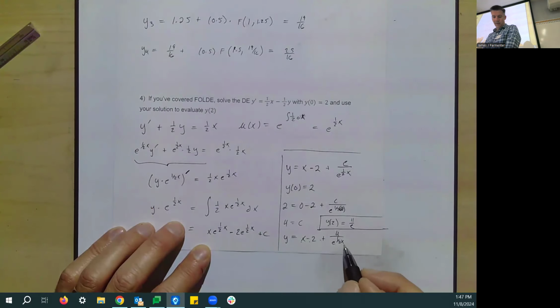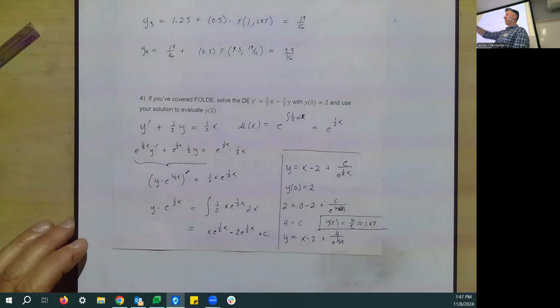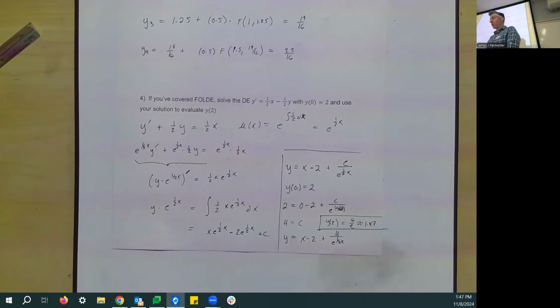If I had been really smart, I would have graphed it on the thing, but I didn't graph the whole thing. But we could totally just graph it right now, just so you can all see.